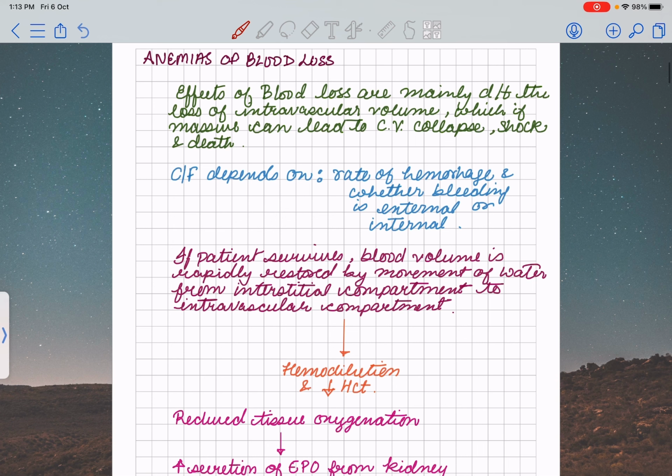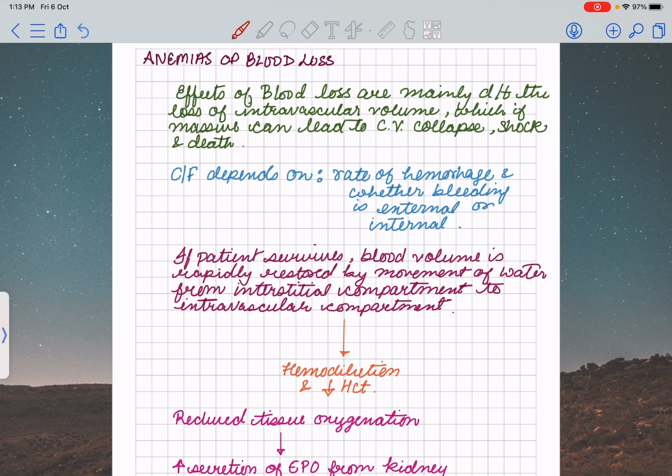If patient survives, blood volume is rapidly, now if they have trauma and patient does happen to survive, the blood volume is rapidly restored by movement of water from interstitial compartment to intravascular compartment. Now suppose we're in interstitial spaces, interstitial tissues, the peritoneum area. Now body knows it's losing blood, and some major organs such as liver, myocardium and kidney need immediately oxygen supply.